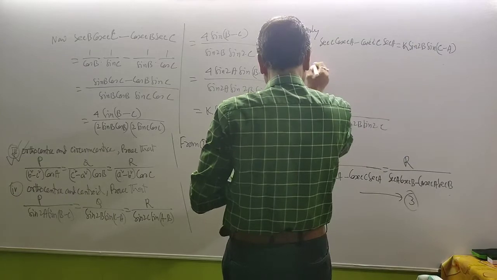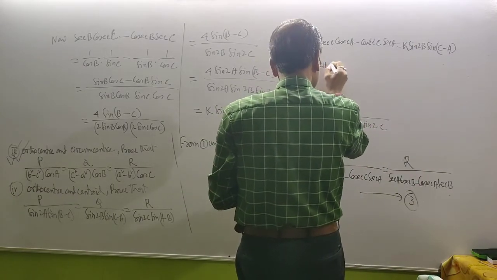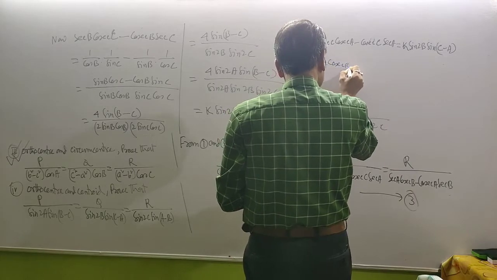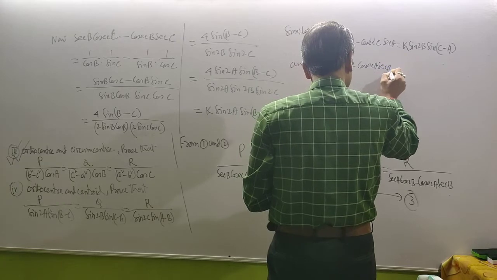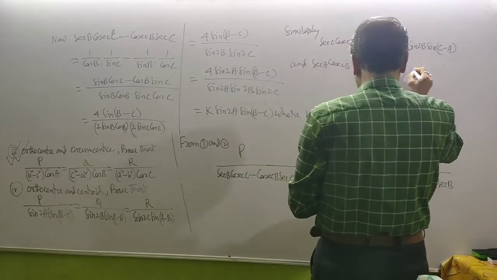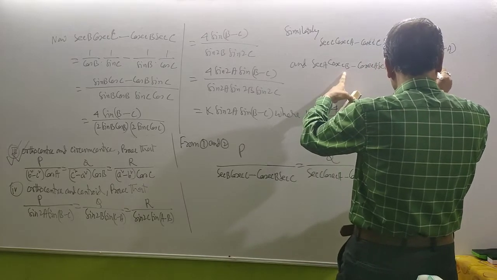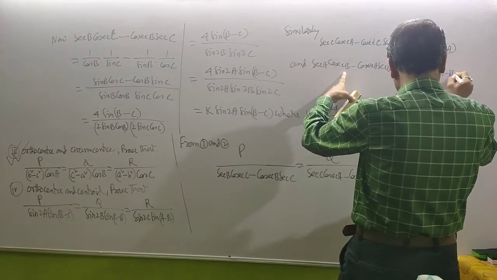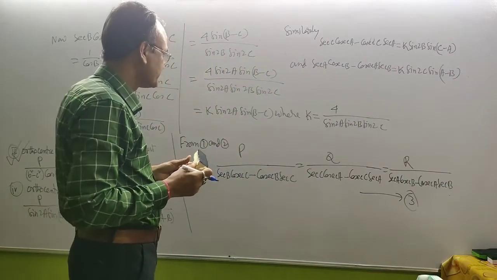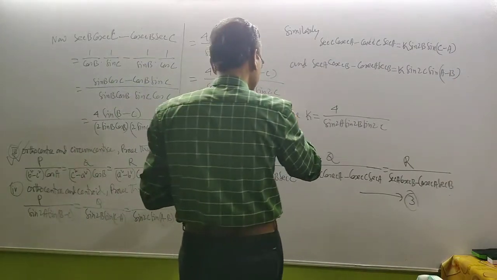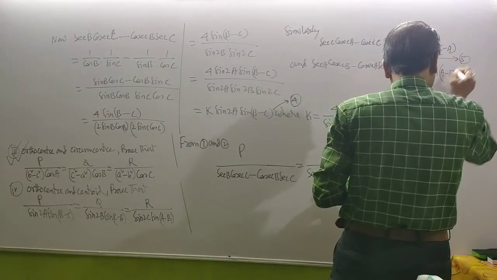And this one, sec A cosec B minus cosec A sec B should be equal to K; there is no C, therefore you will get sin 2C into sin(A minus B). Suppose this is number 4, this is 5 and this is 6.